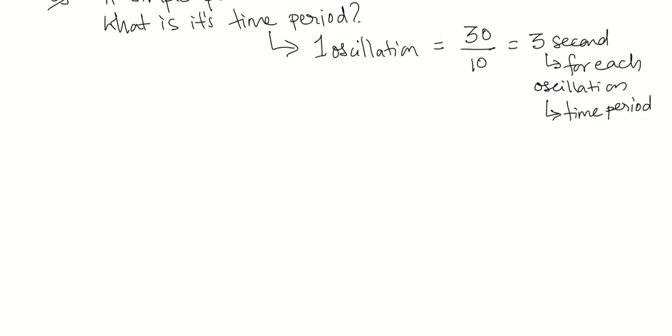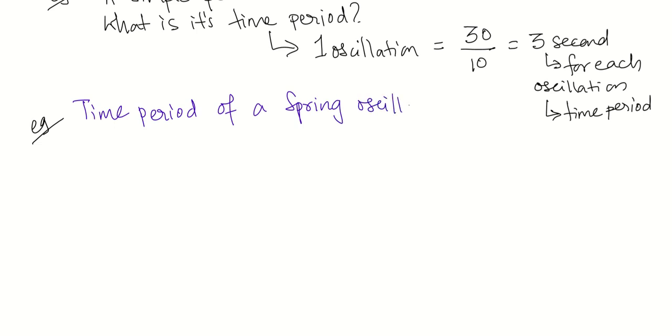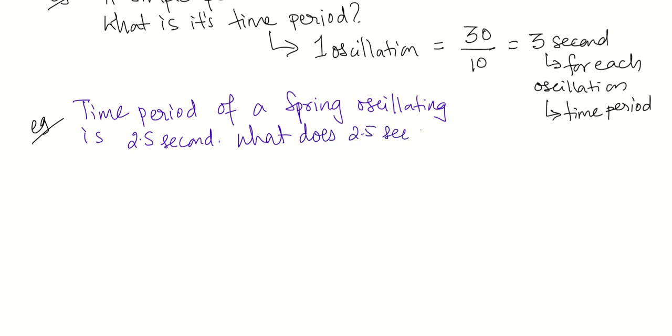Let's do another example so that you can understand whether the concept is clear or not. The next example, let us take like this. The time period of an oscillating spring is 2.5 seconds.